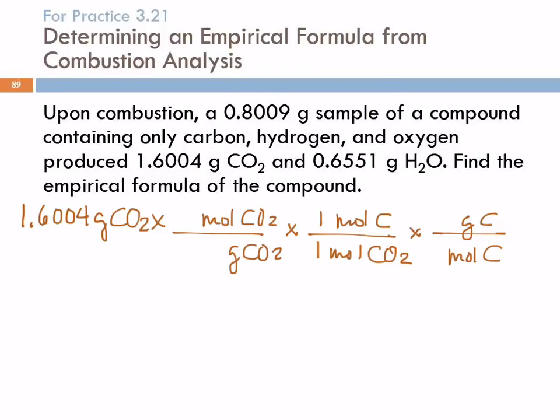Molar mass of CO2 is 44.0096. We just calculated that. I just scrolled back on my calculator and there it is. This for the carbon is from the periodic table.